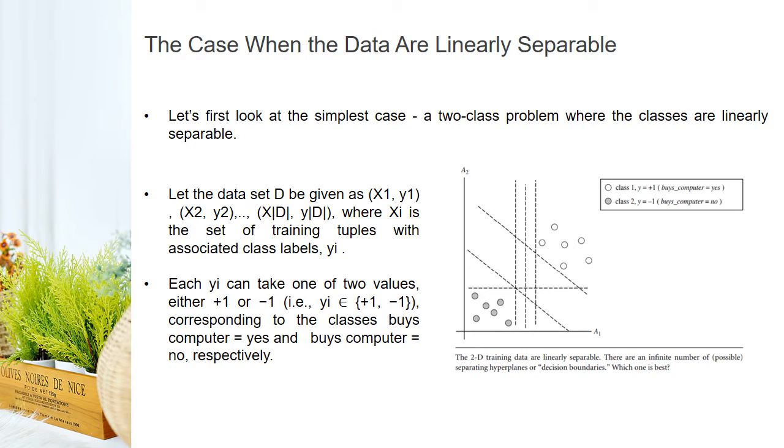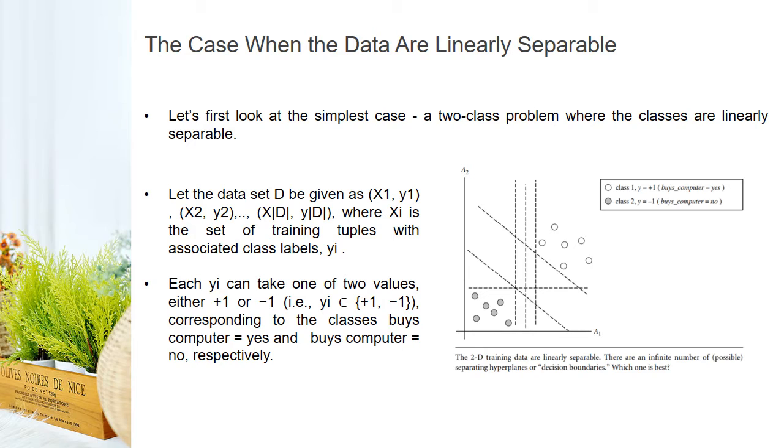Each yi can take one of two values, either +1 or -1, corresponding to the classes buys computer yes and buys computer no respectively. Here you see the figure. Here we have the classes C1 and C2, where one belongs to buys computer yes and the other belongs to buys computer no.